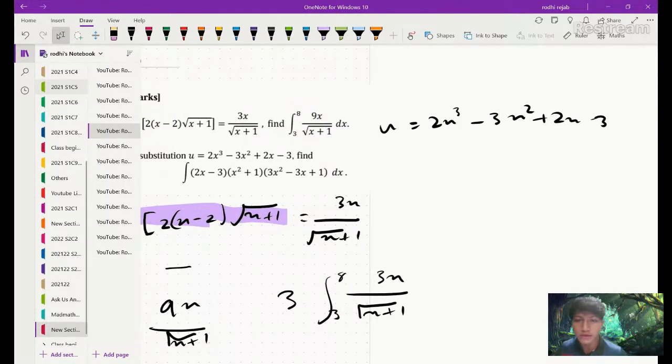Then we have to differentiate this equation, and you will get du over dx.